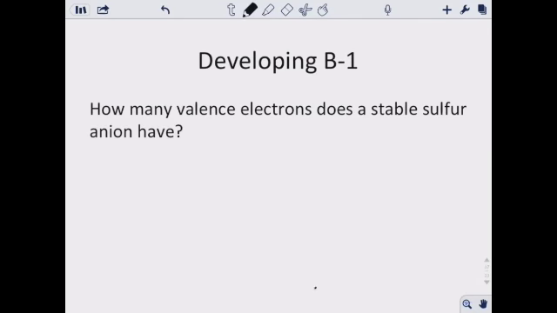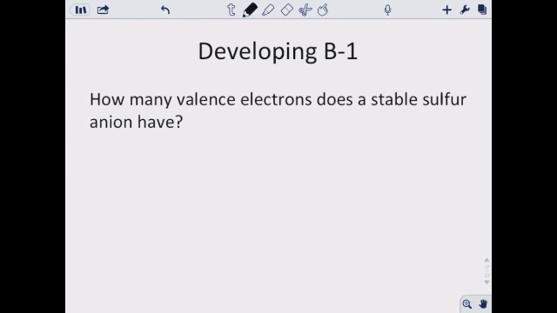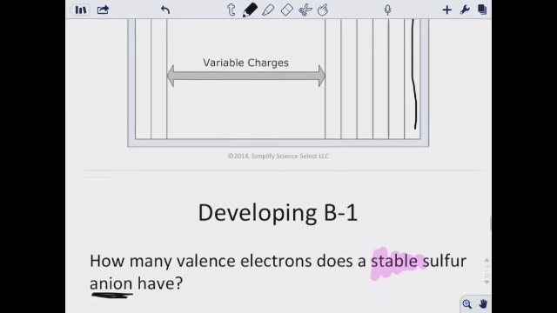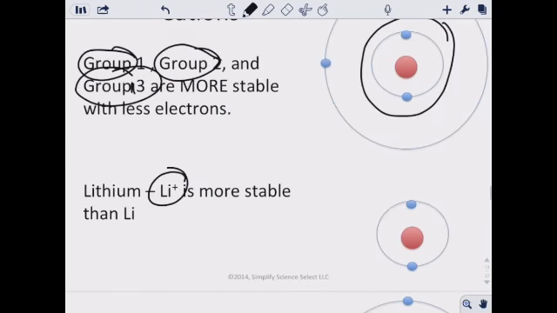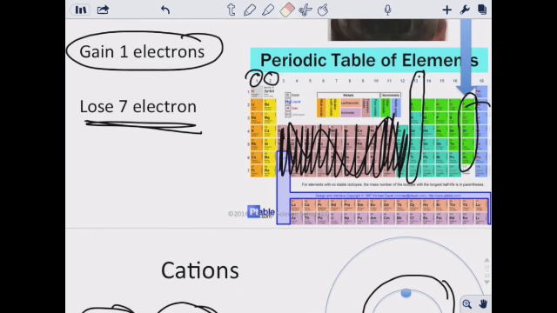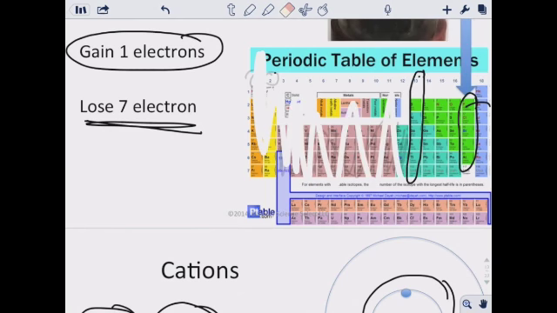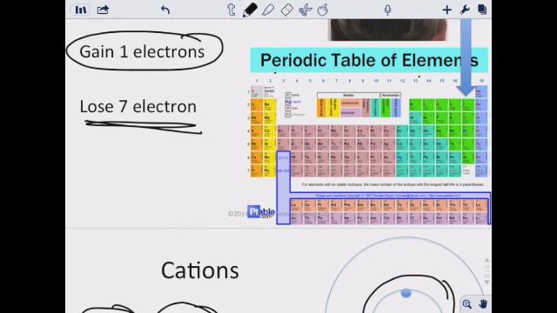So when we're looking at this, it says how many valence electrons does a stable sulfur anion have? Stable is a key word here, and it's an anion, so anions are going to be negative. Let's find sulfur on our periodic table.